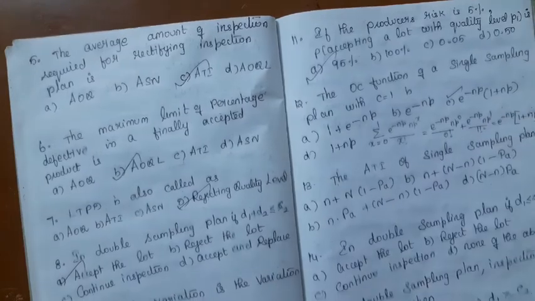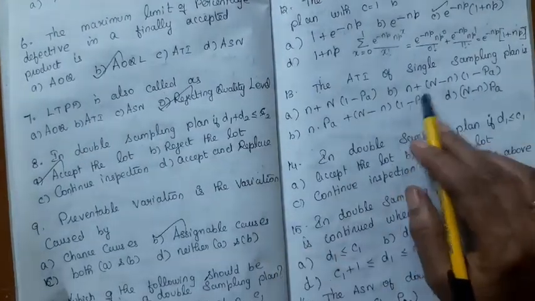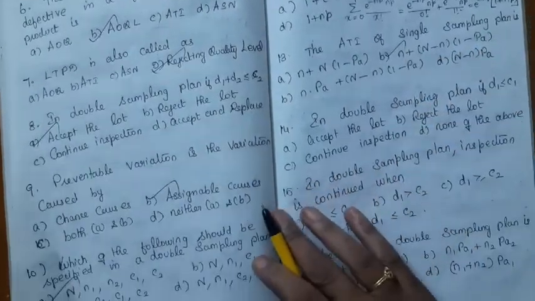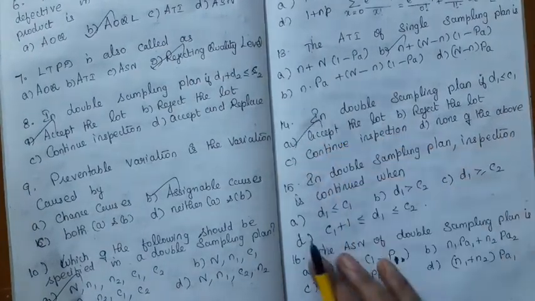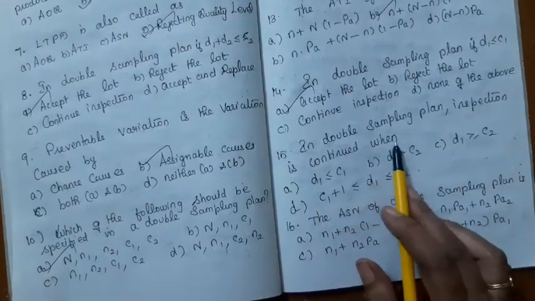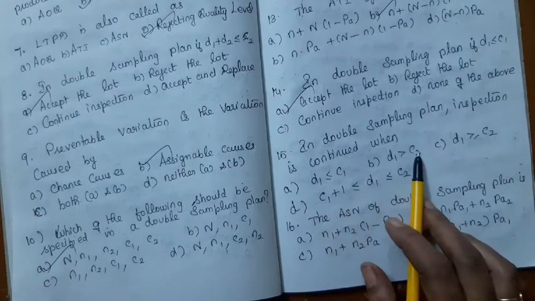Option C. The ATI of a single sampling plan is n plus (N minus n) into (1 minus PA). In double sampling plan, if D1 is less than or equal to C1, you will accept the lot. In double sampling plan, inspection continues when... here you will accept, here you will reject.